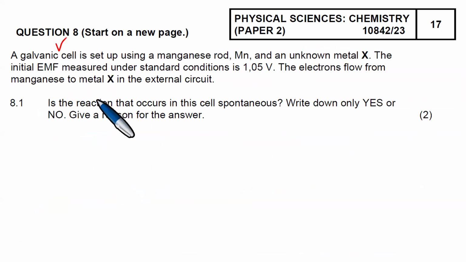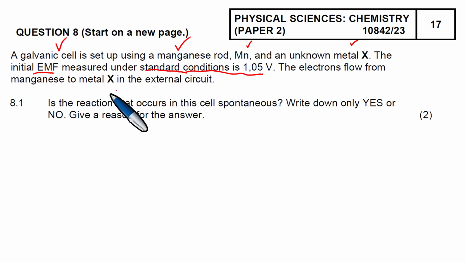A galvanic cell is set up using a manganese rod, Mn, and an unknown metal X. The initial EMF, the electromotive force measured under standard conditions, grade 11s and matrics, please take note of the standard conditions.